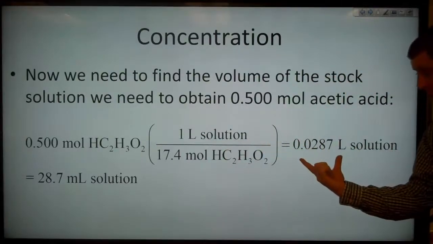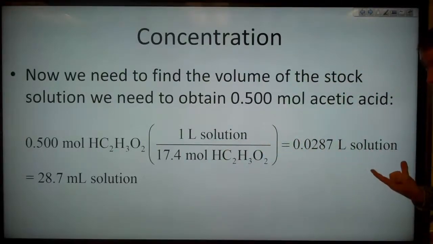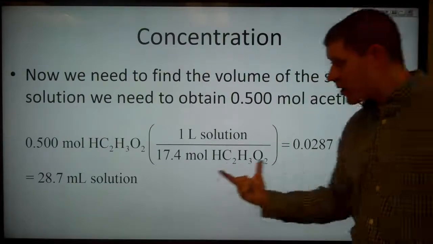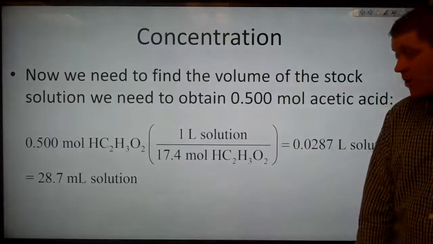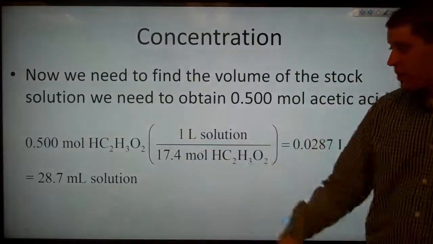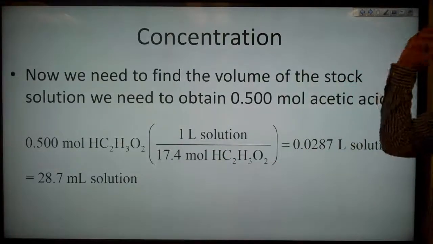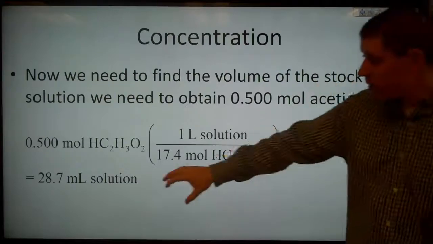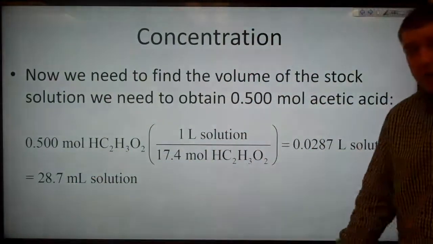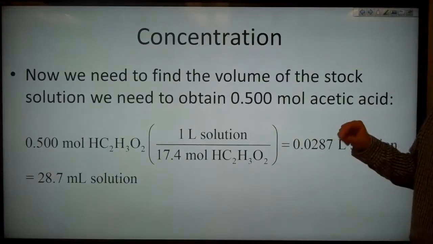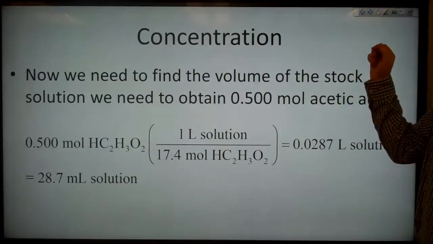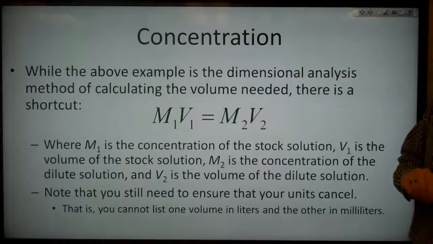And that gives us 0.0287 liters of solution. And then we can convert from there, I haven't shown the math here, into milliliters. So 28.7 milliliters of our stock solution is what we need. So we're converting from 28.7 milliliters into 500 milliliters, and that will give us our 1 molar solution that we want.